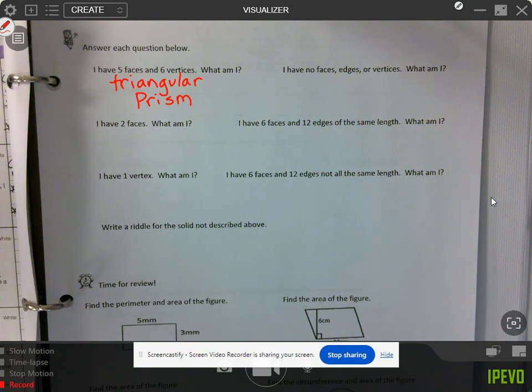So if you want to just keep flipping back and forth, if you want to take your page out of your binder and just set it next to you so you don't have to flip, whatever works for you. Then we have our review at the bottom of all the objectives of this unit. So look back at those objectives if you forgot a formula, if you need help remembering how to find the area or circumference.